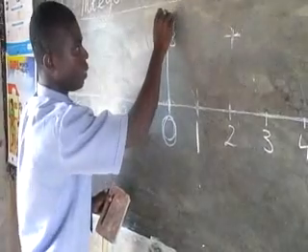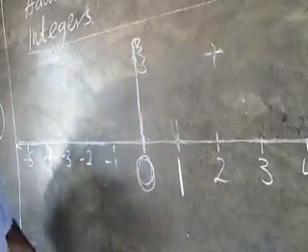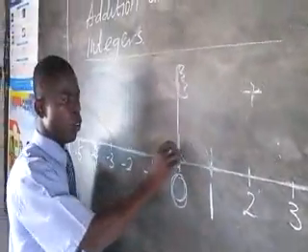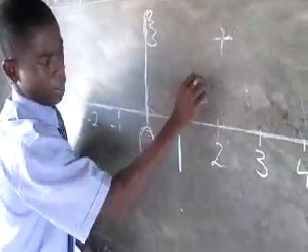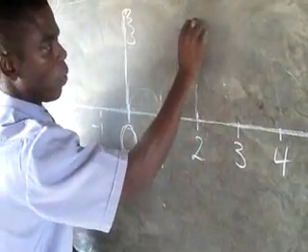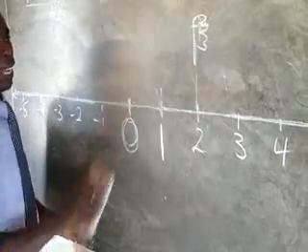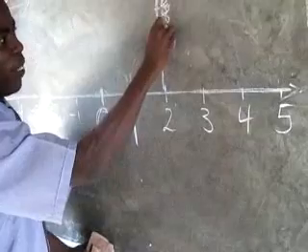When you are starting all the time, bring the person standing at point 0. Now the first number is positive 2. Then it means you move forward 2 steps. 1, 2. Then the person will come and stand here. Good. He has moved from 0 to stand at positive 2.